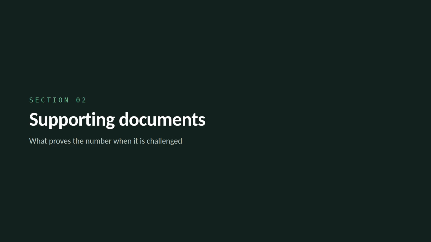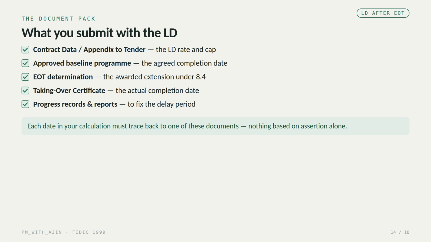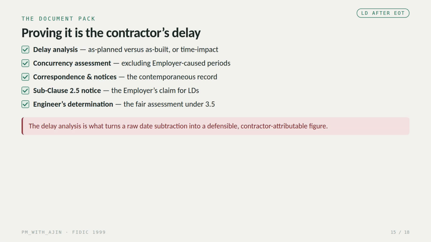So that's the number. But a number on its own means nothing if it's challenged. Let's look at the documents that prove it. Here's the core document pack you submit with the LD. Then a second layer, the documents that prove the delay is genuinely the contractor's. A delay analysis, comparing as-planned against as-built, or a time impact analysis.